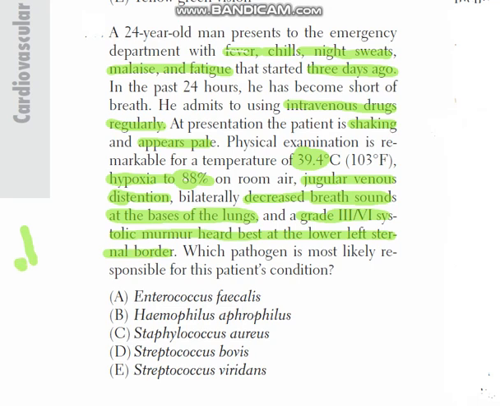So the defect may be in the tricuspid valve, in the right ventricle, or in the lung.